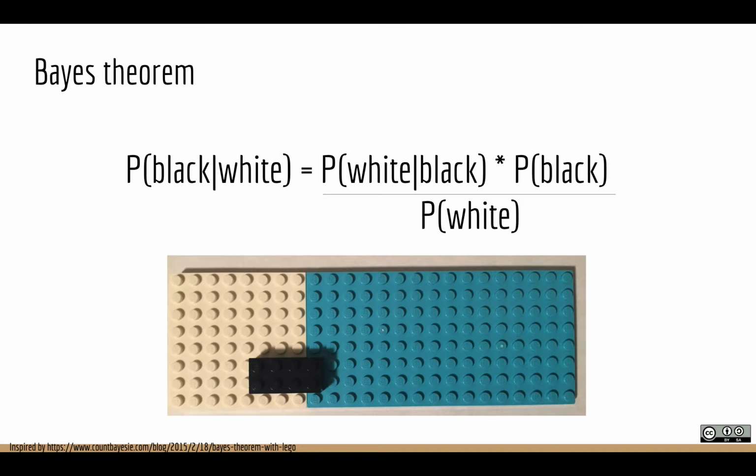So let's plug it in. What is the probability of black given white? Well, we can flip that around and say, what's the probability of being on a white space, given that a dart lands on some black peg, times the probability of being on the black peg, divided by the probability of being on a white peg.